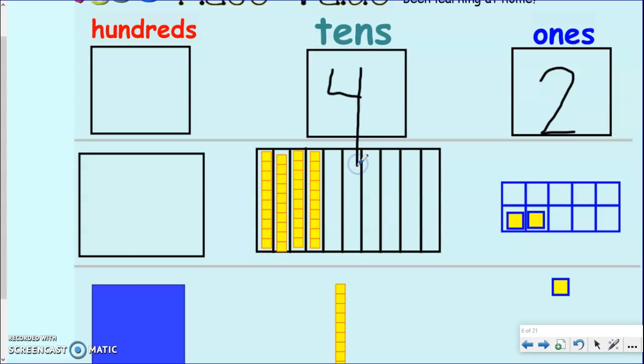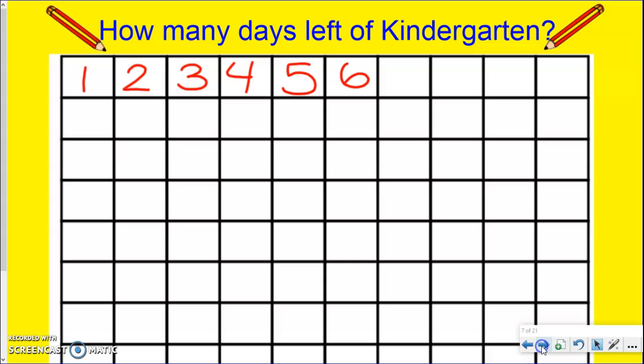All right, now let me erase that just a little bit. I need to count all the ones in my tens place by 10. So let's go ahead and do that. 10, 20, 30, 40, 42. 42 days of learning at home.